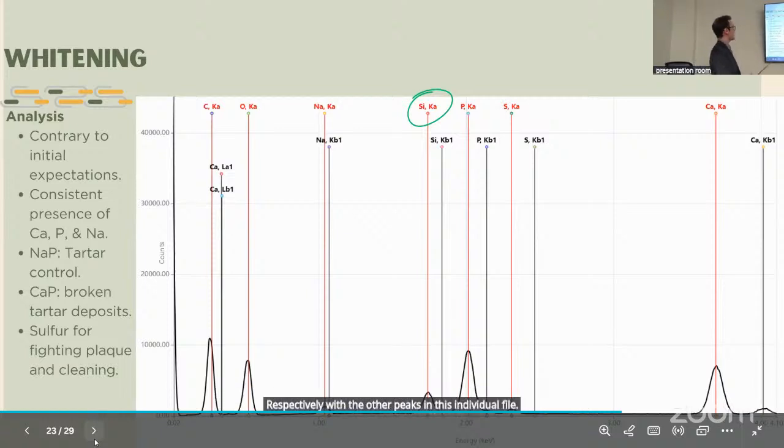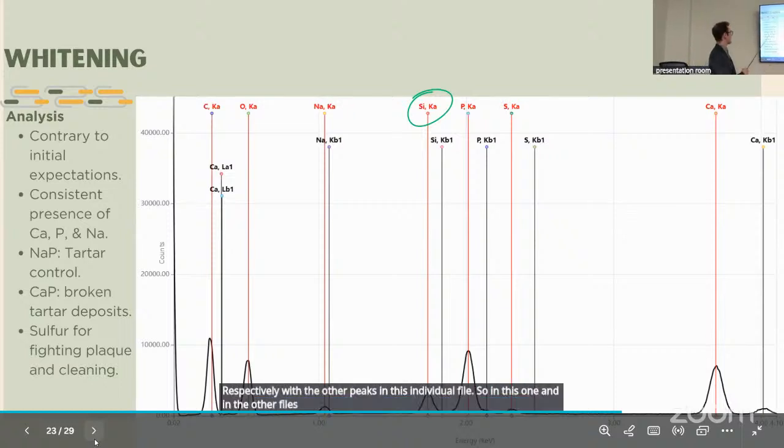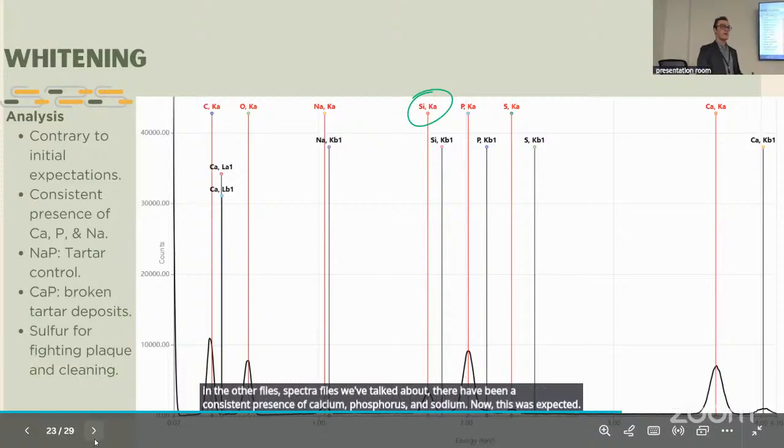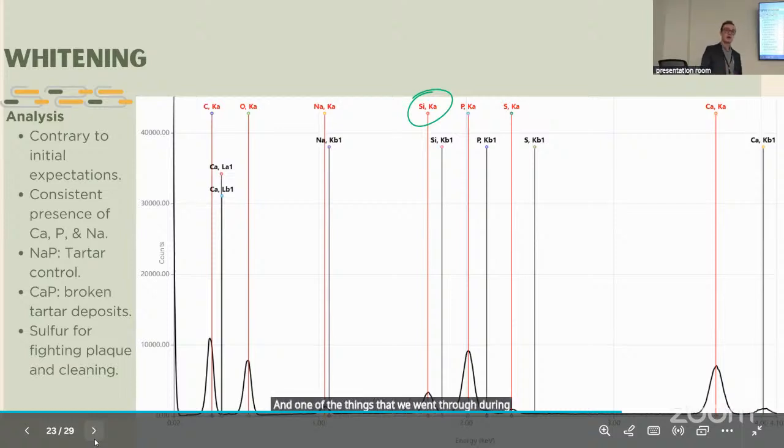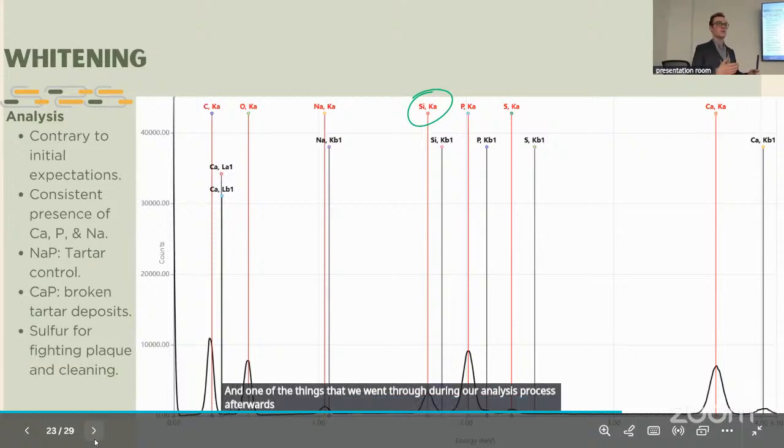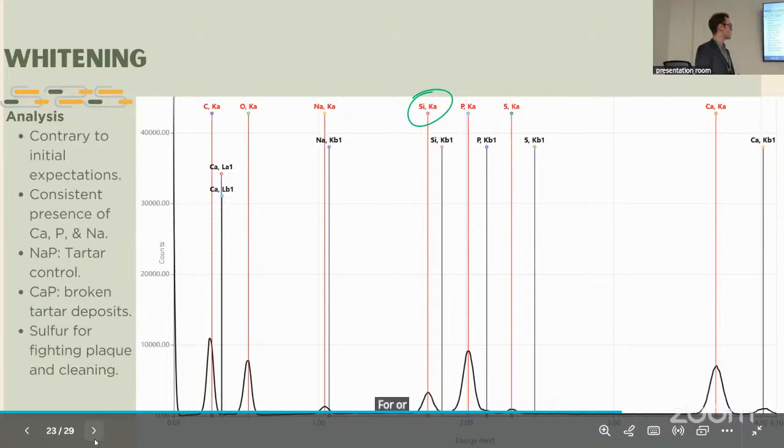So the silicon reading in this sample was lower relative to the other peaks in this individual file. In this one and in the other spectra files we've talked about, there has been a consistent presence of calcium, phosphorus, and sodium. Now, this was expected. One of the things we went through during our analysis afterwards was trying to deduce what these may represent, what compounds they may have been a part of, and what purpose they served in the toothpaste.